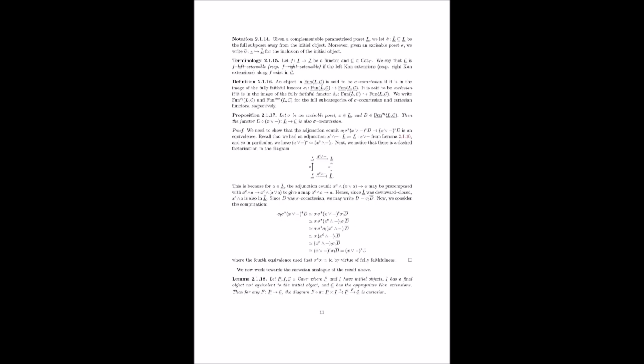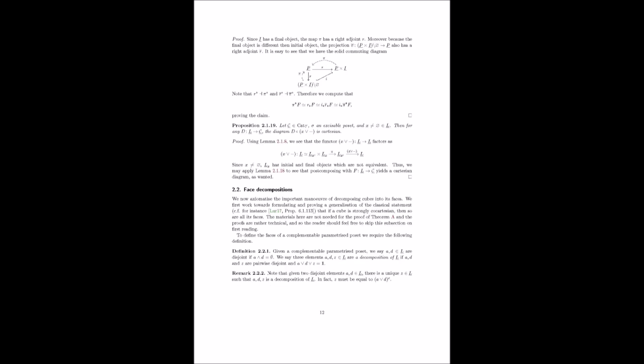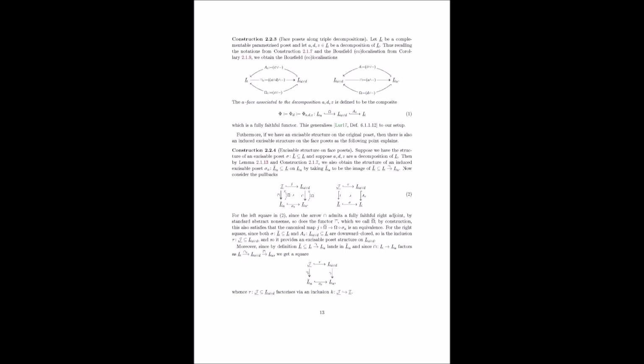Note that it must contain an initial object. So think of it as the special substructure within L that allows us to define a notion of excision. So I'm starting to get the picture. We have this bigger poset L, and then we've got this carefully chosen subposet sitting inside it. Exactly. So what kind of results do we get when we have these excisable posets?